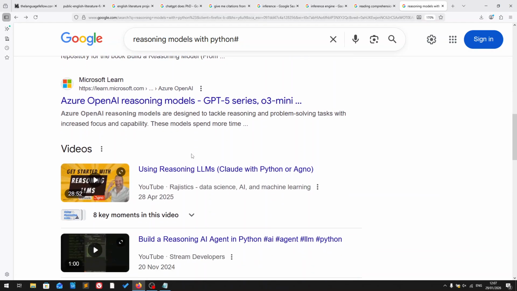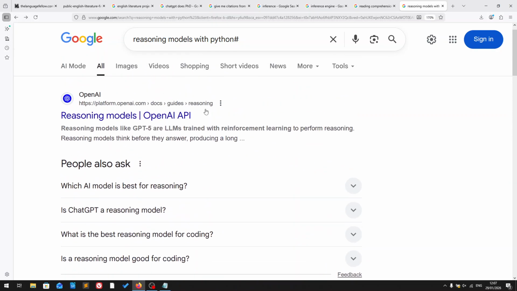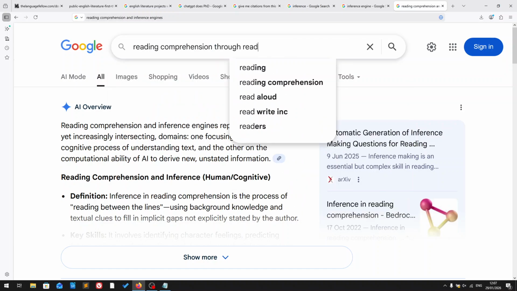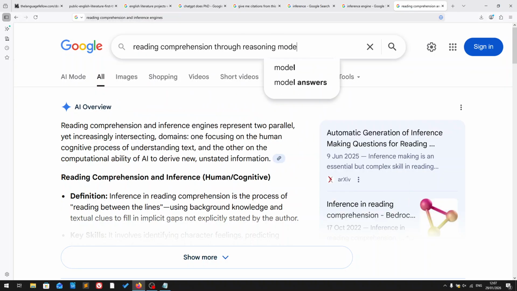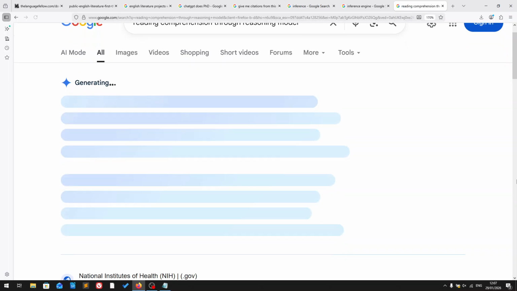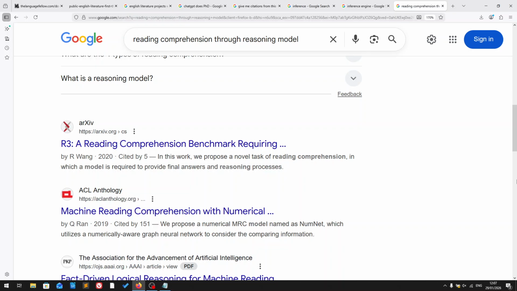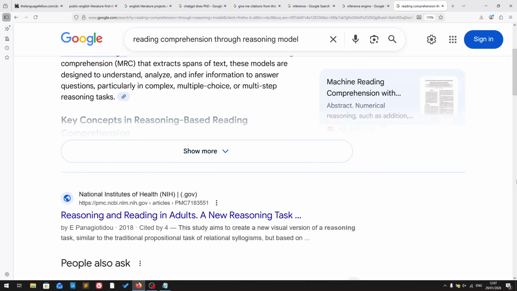Okay, open reasoning models and so on. What I'm trying to say is reading comprehension through reasoning models. Reading comprehension benchmark, that's 2020.